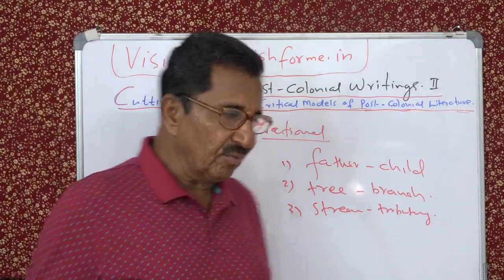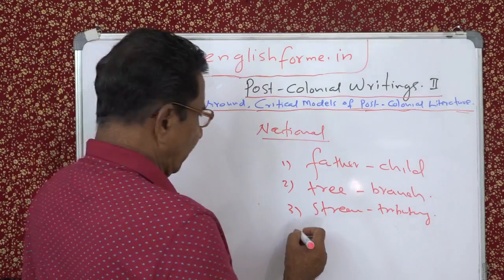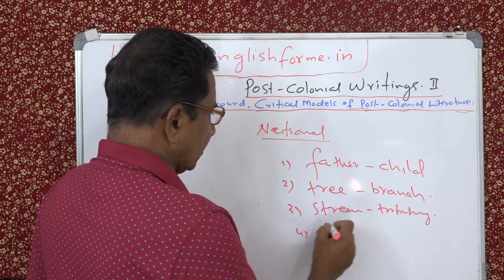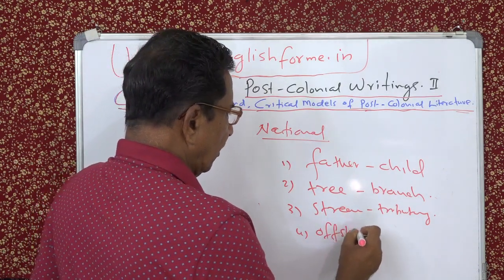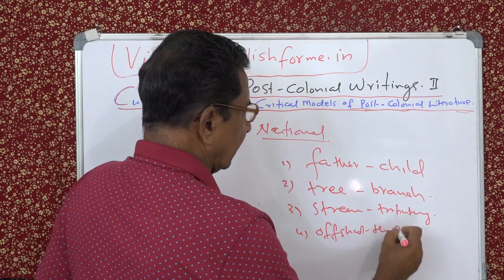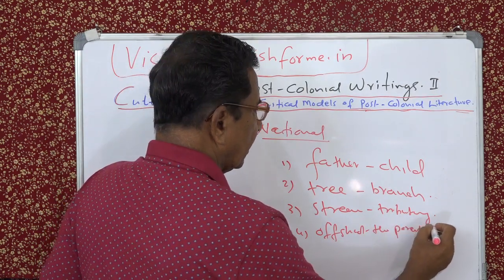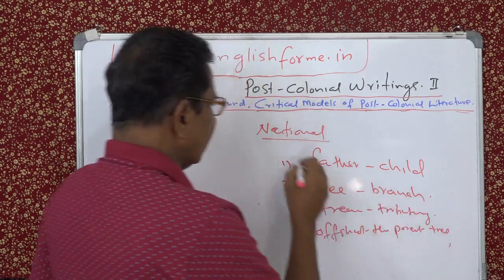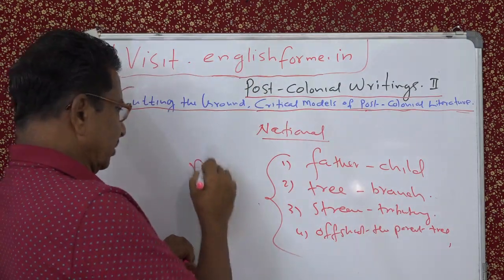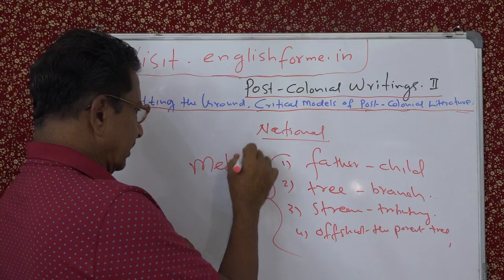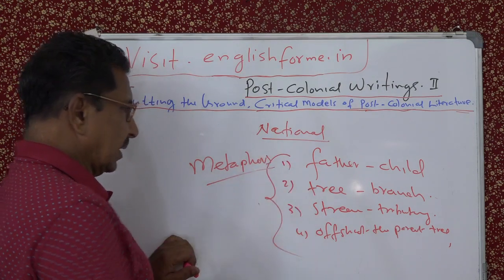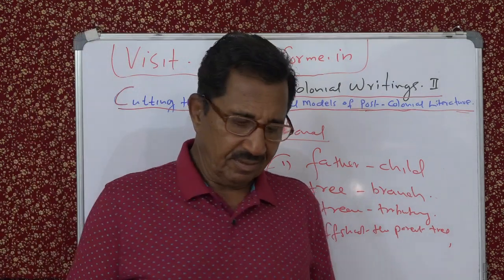And yet another, there is one more, offshoot of the parent tree. So these are the metaphors used to describe the relationship between the American and the British variety.